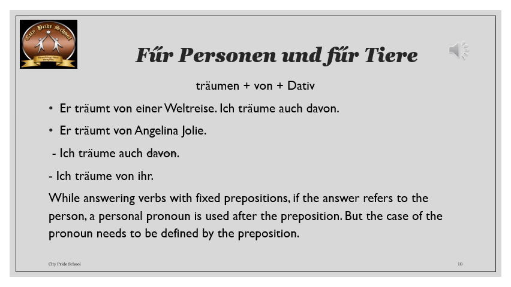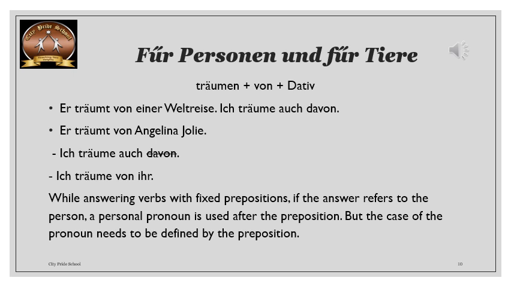We have to use Ich träume von ihr. Now here ihr is the personal pronoun used. You already have learned dative, accusative and nominative personal pronoun. Von is a dative preposition. That's why ihr is used in dative.